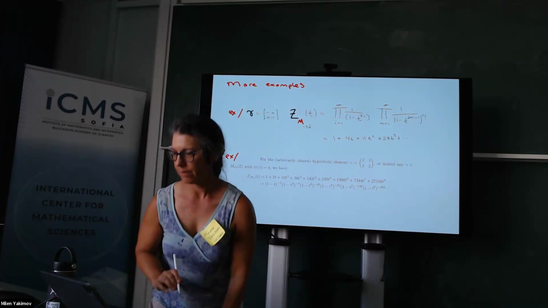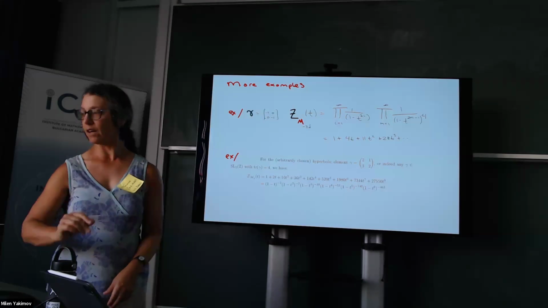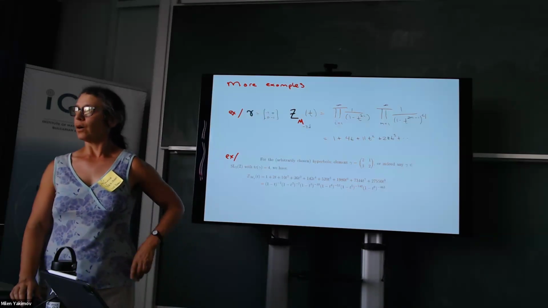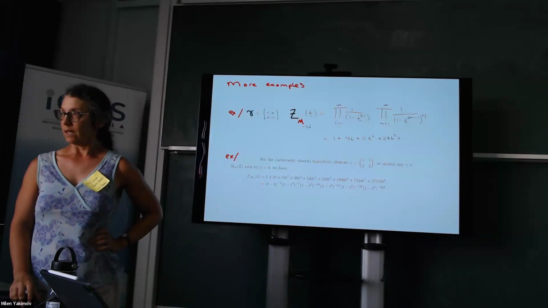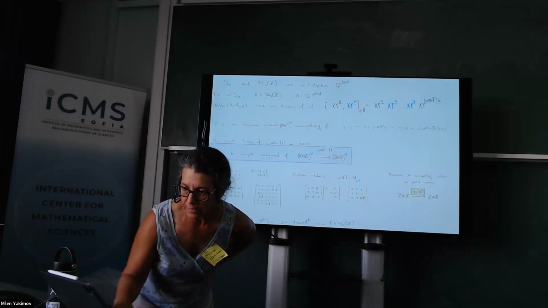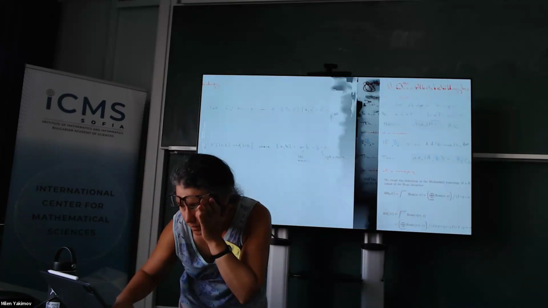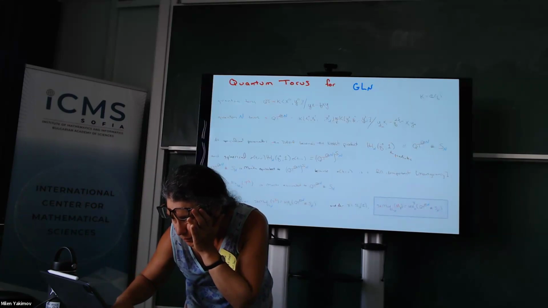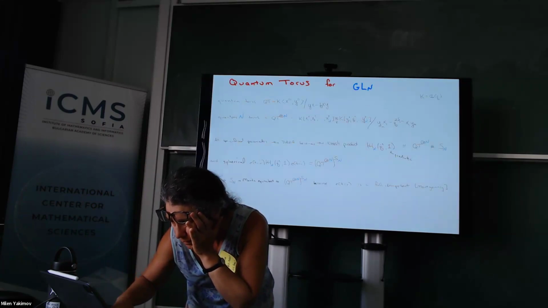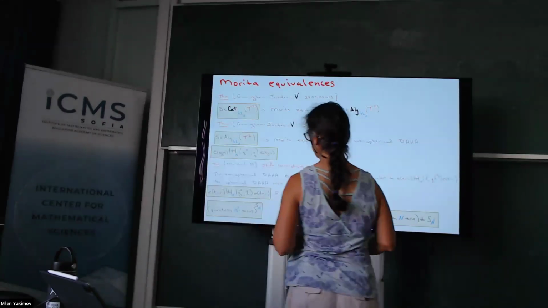So I had a question. At some point, if you were computing and you got this type of DAHA with T equals 1, what exactly? So let's see. Here we go.